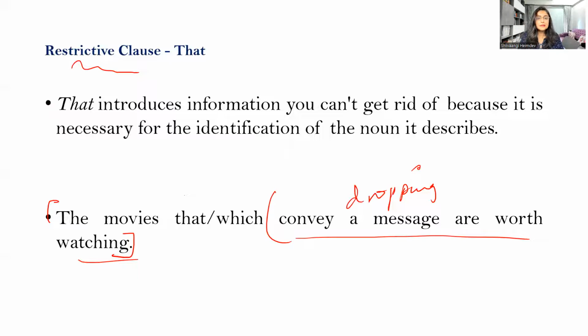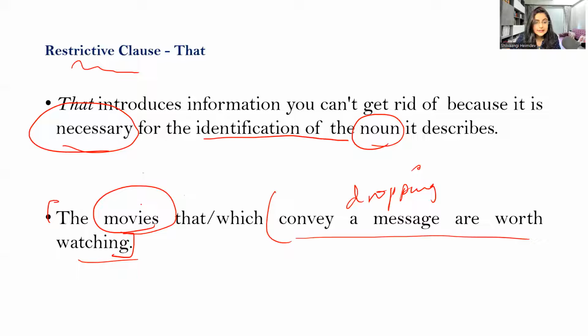So that's what brings me to that. Whenever you're introducing a piece of information which is essential, which is necessary for the identification of the noun, which means the subject, and on dropping that information the entire sentence collapses, you are bound to make use of that in that sentence.